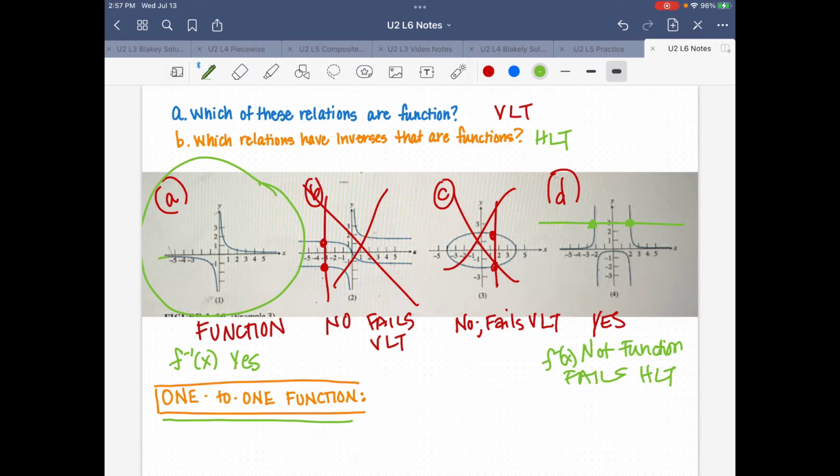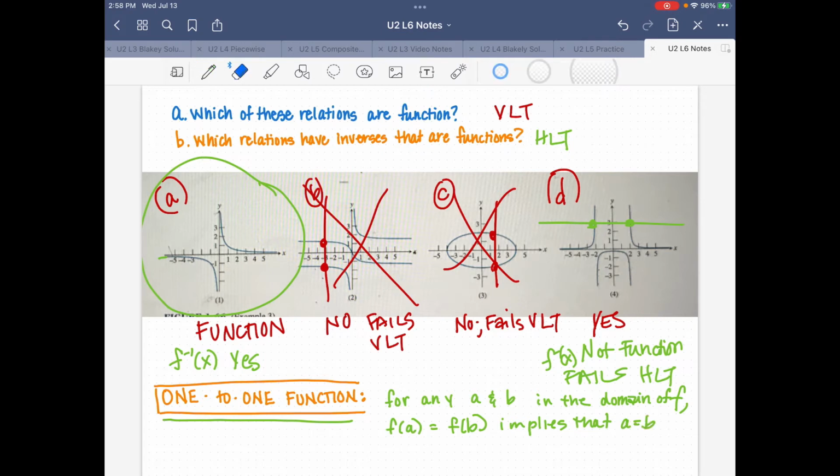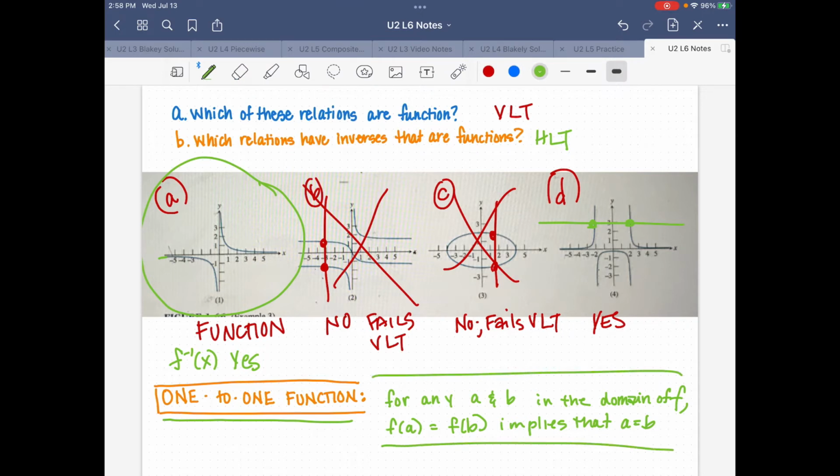One-to-one functions just means that for any a and b in the domain of function f, f of a equals f of b, which implies that a equals b. I know that that may not make a lot of sense to you at this moment, but give it a second. We're going to practice a little bit, and it will make more sense to you.